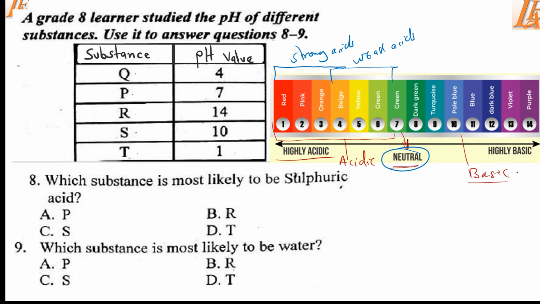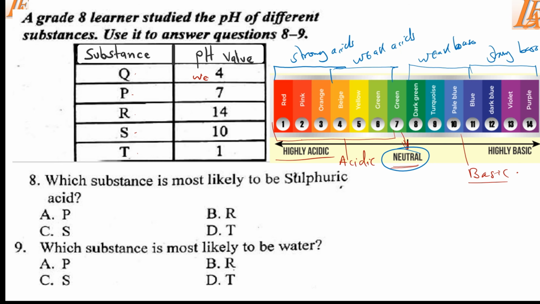Then 7.1 to 10.5, we have weak bases. And then from 11.5 to 14, we have strong bases. Now let's go to the question. Before we answer the question again, let's categorize already.